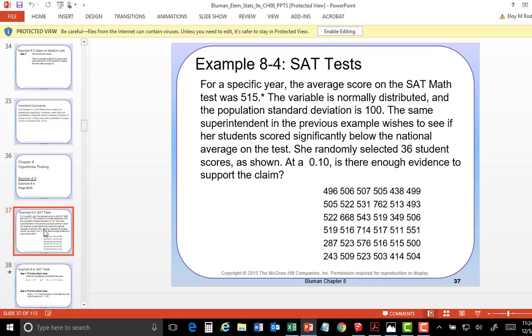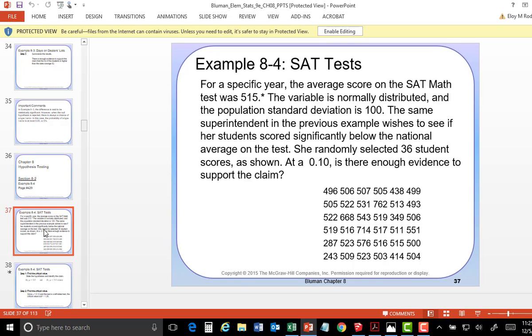And the population deviation is 100. The same superintendent in the previous example wishes to see if the student scores are below average, and she randomly selects 36 students. Here are their scores. So what would you have to do? Normally you would have to find the average X bar and S out of that data.